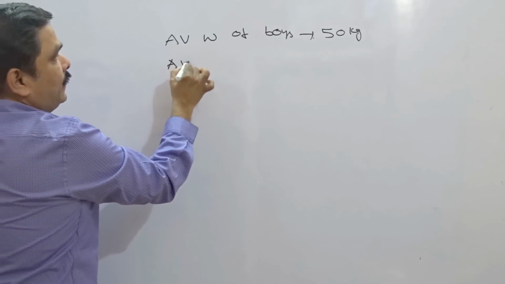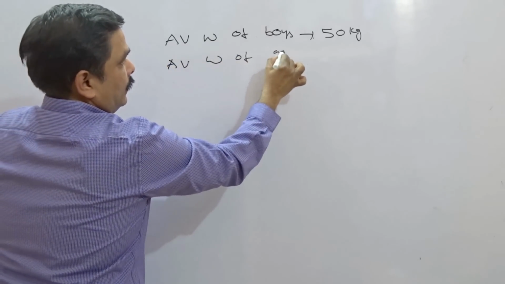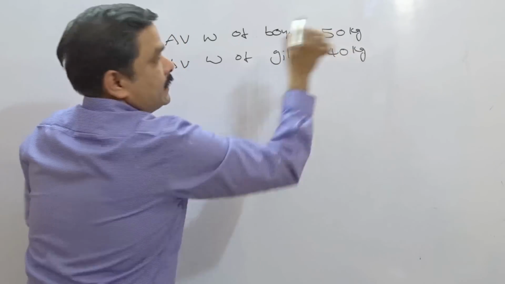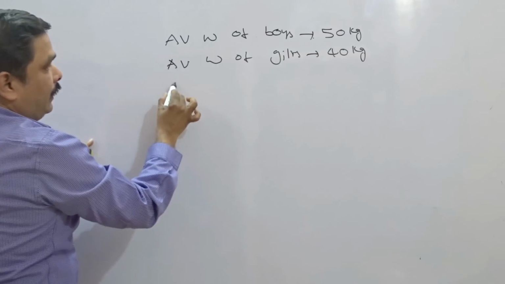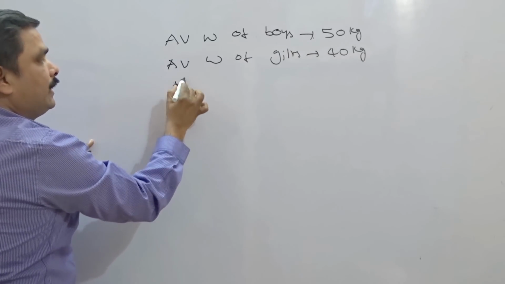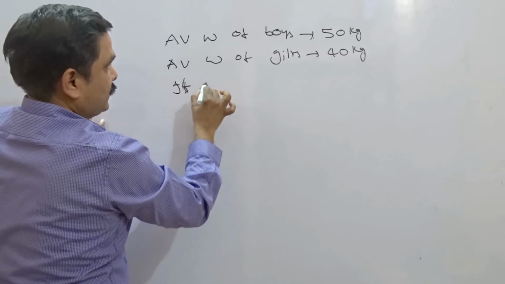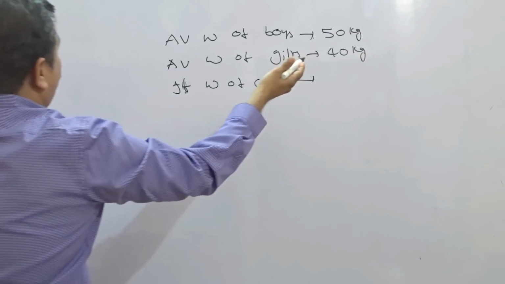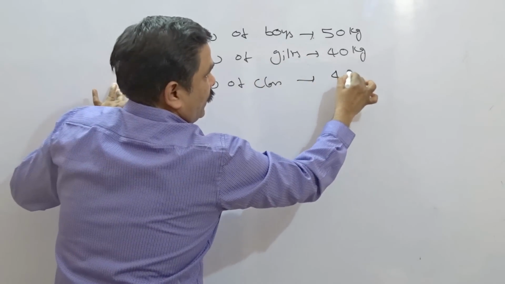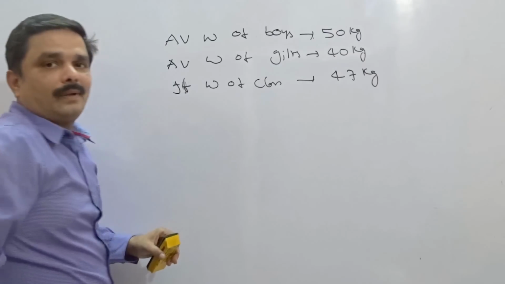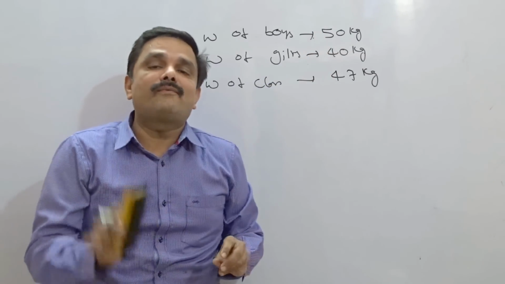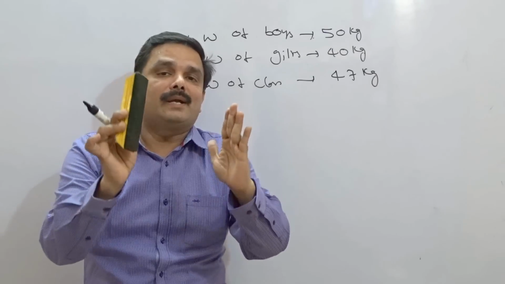Then the average weight of girls in the same class, let us take 40 kgs. If the average weight of the class, total boys and girls, is, let us take any mean value here, for example 47 kgs, what should be the ratio of boys to girls in that class?